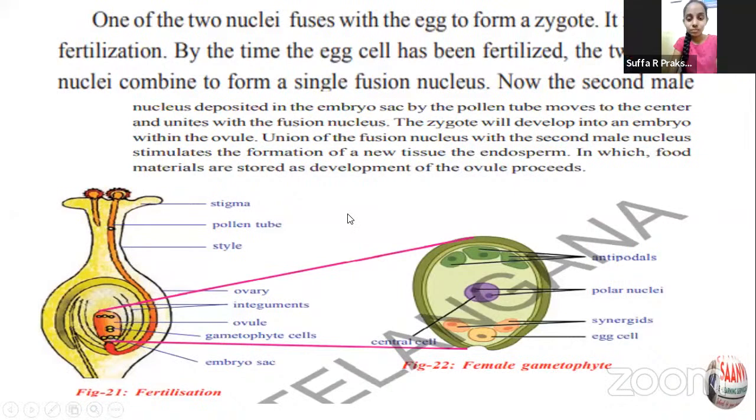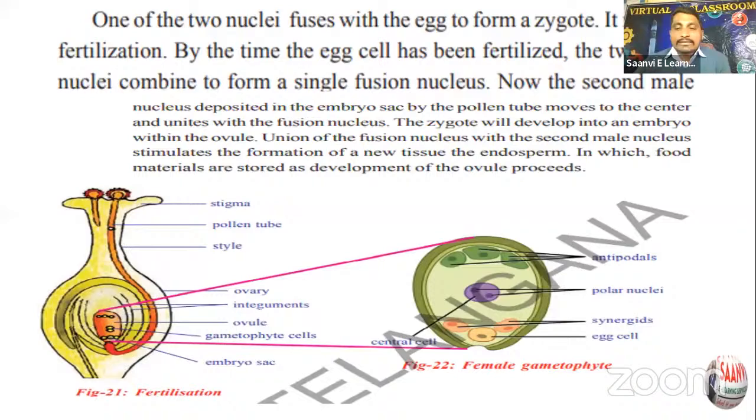Here we can see two types of fertilization: single fertilization and double fertilization. Commonly, single fertilization is common. Here we can see double fertilization also. One of the two nuclei fuses with the egg to form a zygote.